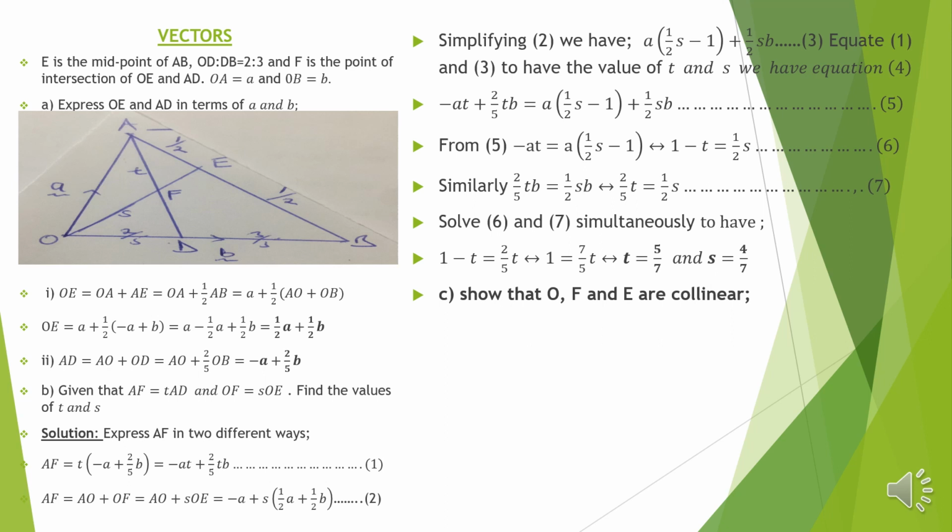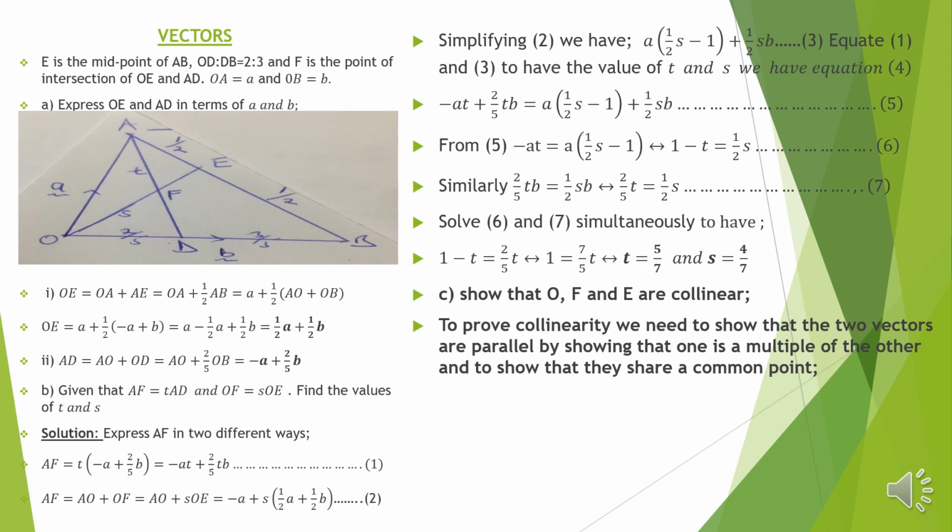Once that is met, you proceed to show that those two vectors share a common point. If those two vectors meet the two conditions, then you are at liberty to conclude that the points are collinear. So to prove collinearity, number one is to show that the two vectors are parallel by showing that one is a multiple of the other, and number two is to show that they share a common point.